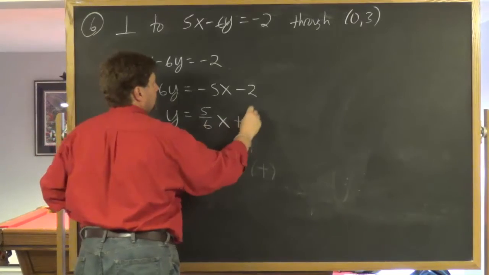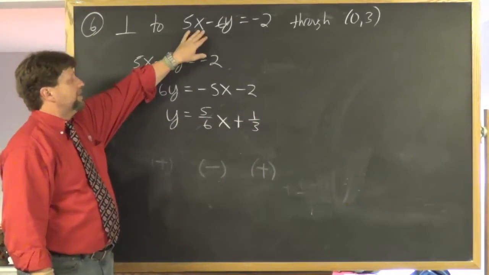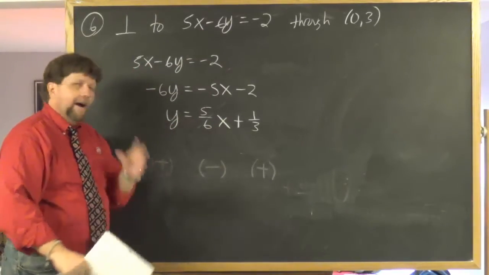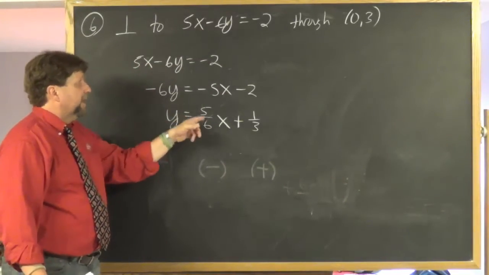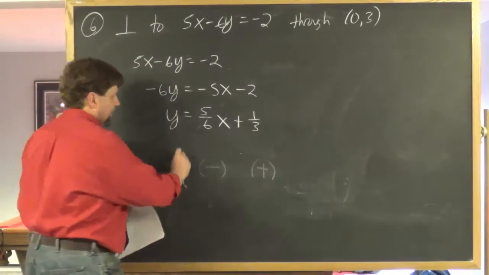Okay, so this is the equation of this line, but now it's in slope-intercept form. And now I can see that the slope of this line is 5/6.